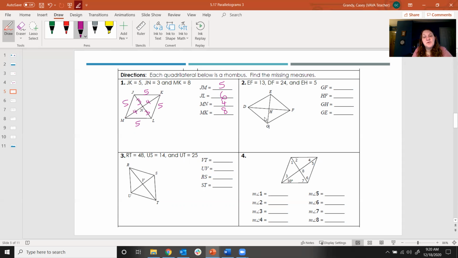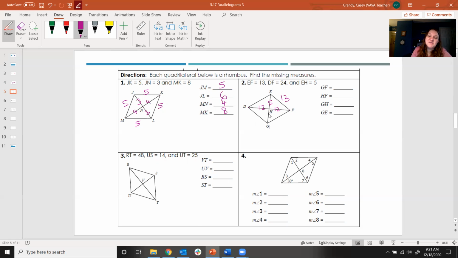Looking at the second example, EF is 13. DF is 24. It's difficult for me to mark the whole thing 24. So because I know that the diagonal is bisected, I just go ahead and divide that by 2 right away so I can mark each piece. EH is 5. Okay.